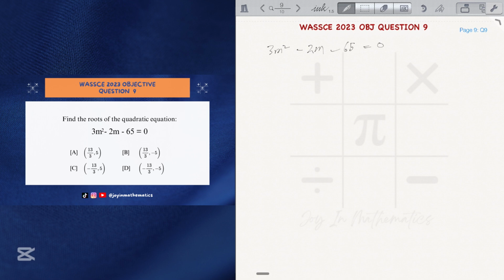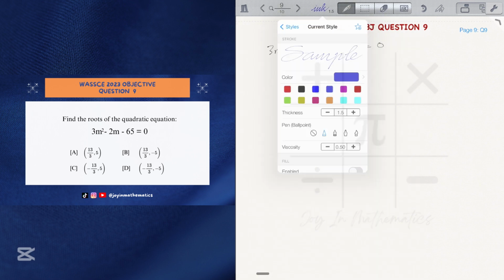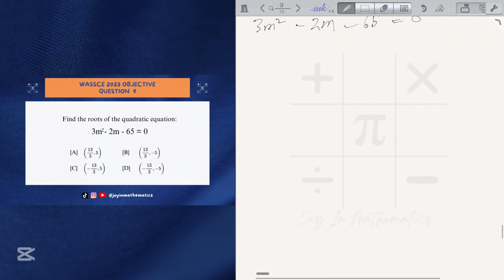Using the factorization method might be complex, so let's use the quadratic formula. Within the quadratic formula, we have x equals minus b plus or minus the square root of b squared minus 4ac, everything divided by 2a. Now, in this case, we are not dealing with x, we are dealing with m.